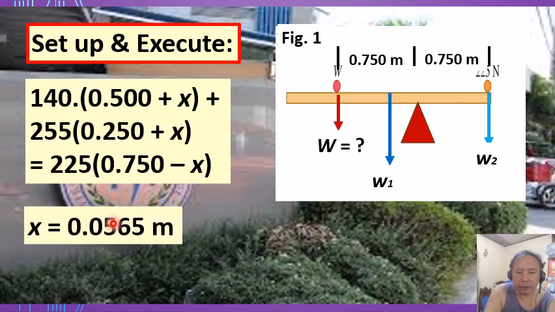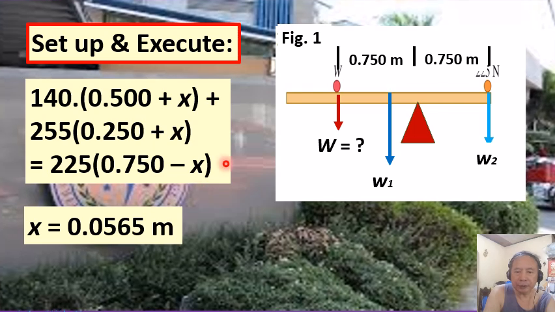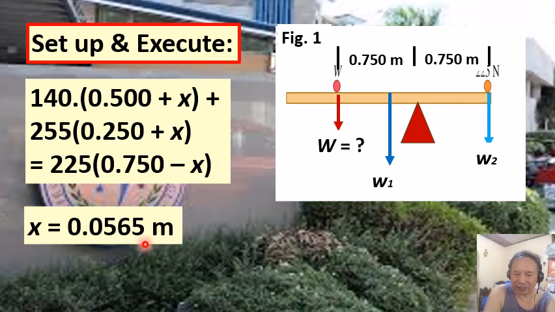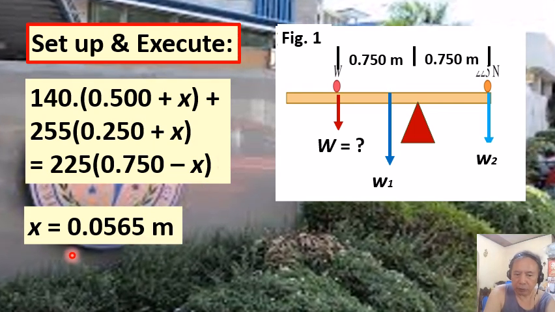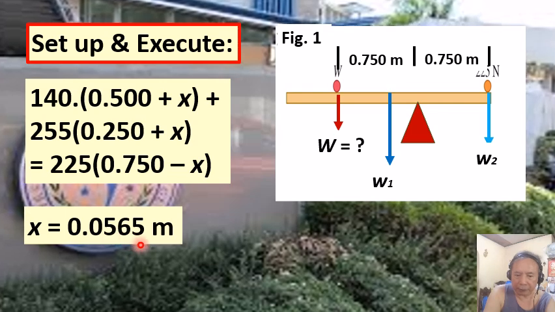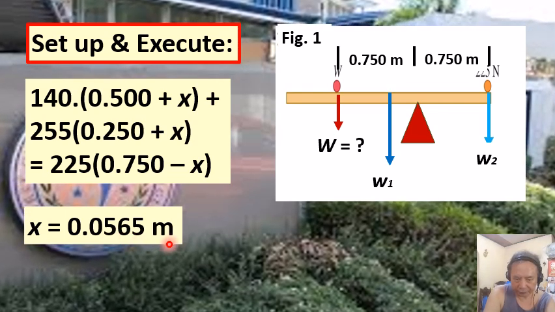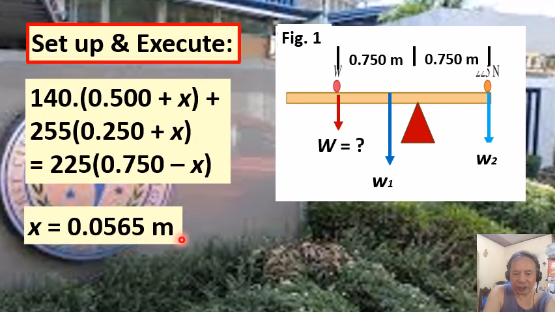we will get the value for the distance x equal to 0.0565 meters in 3 significant figures.